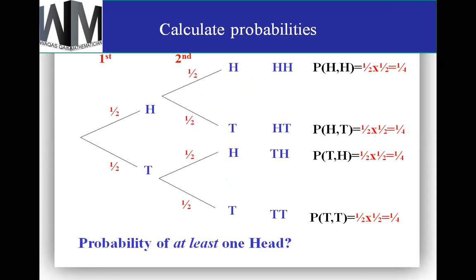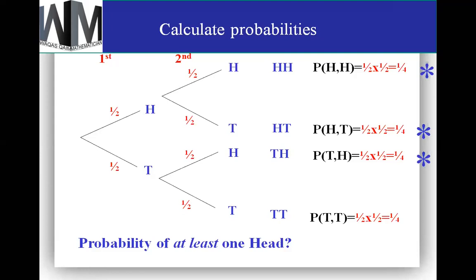So out of these four combinations, three combinations will be included. These three. So the probability of head and head, the probability of head and tail, and the probability of tail and head. These three probabilities will be included for at least one head.